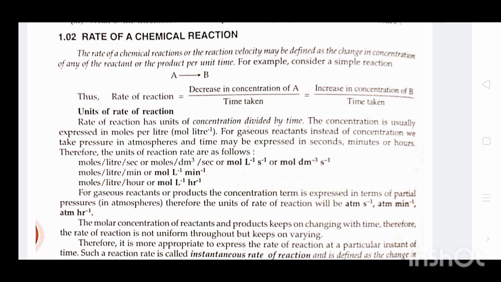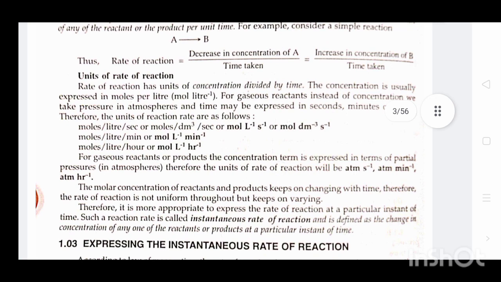Units of rate of reaction. Rate of reaction has units of concentration divided by time. The concentration is usually expressed in moles per liter. For gaseous reactants, instead of concentration, we take pressure in atmospheres, and time may be expressed in seconds, minutes, or hours.